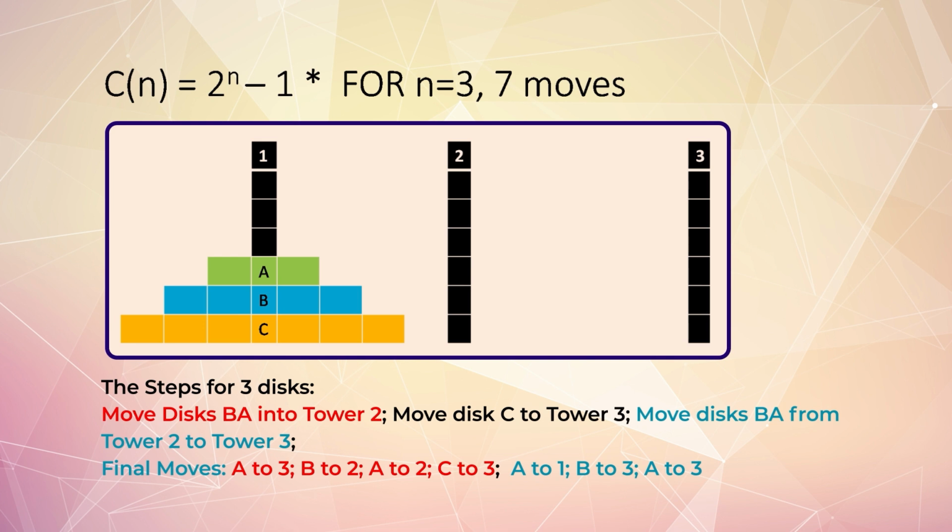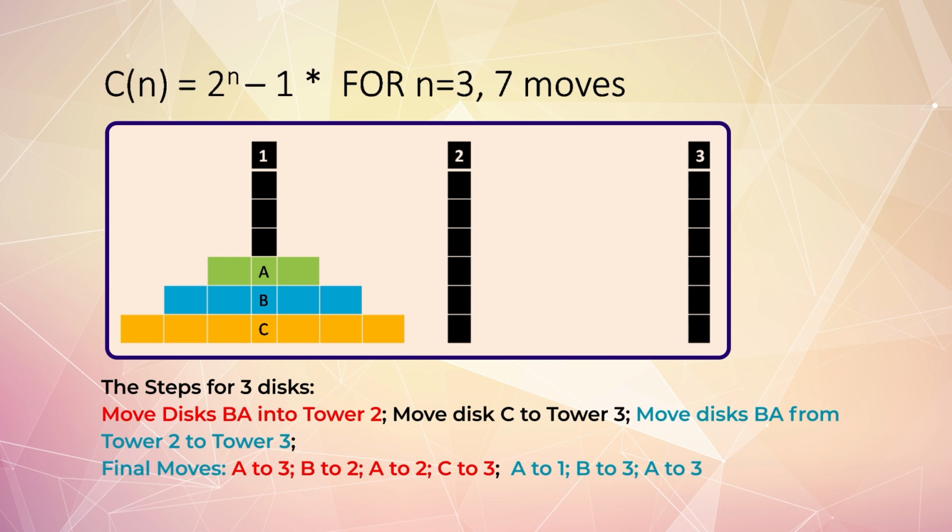Okay. So let's try for n equals 2, n equals 3. So what we get is 2 to the power 3, which is 8, 8 minus 1, 7. So this particular activity should be completed in 7 moves. Now what is the way? Now we are just doing 3 disks, and let us name them.